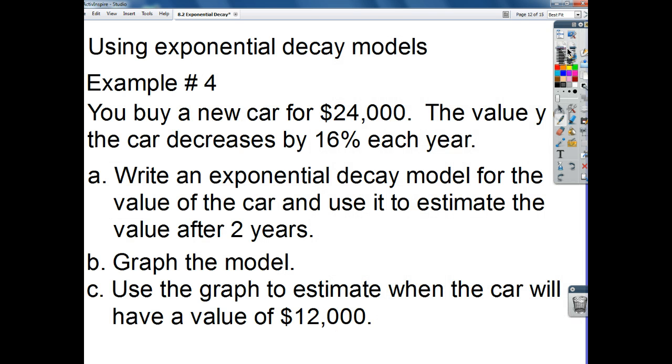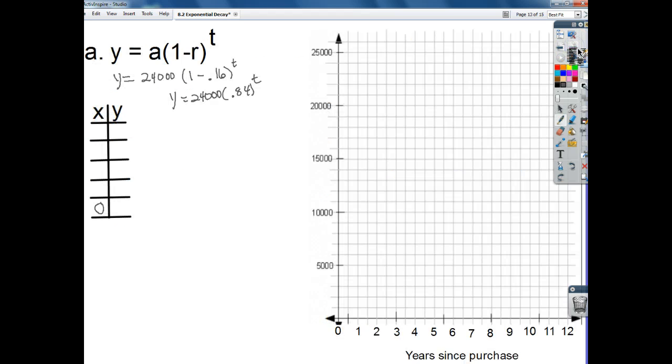By the time the value of this thing is 1/2 or 12,000, that may be several years down the road. We may not want to do all these years. So let's put in 0, and when we put in 0, of course, we're going to get a value of 24,000. So our starting point is right here on this graph. We expect it to kind of slope down because it's exponential decay. And let's just go every other year.